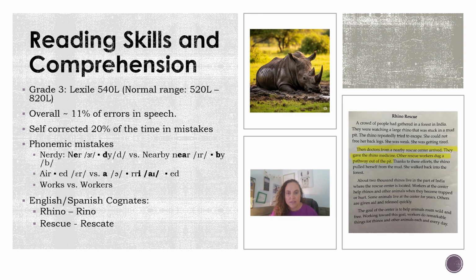So she changed the word completely to nerdy instead of looking at nearby being a compound word and recognizing that is a B sound. That was one of the mistakes she made, and the next one was aired versus arrived. Again, it's about being able to identify that short A sound versus that long I sound.